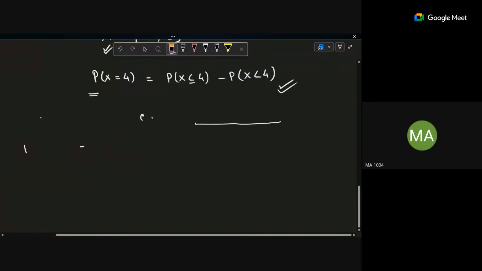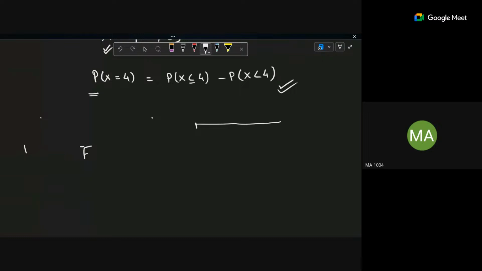So let's come to this point: why are they writing it like this? If you have the CDF known to you and you want to calculate the probability at some point where you don't know whether X is a discrete or continuous random variable, at that time just go with this formula.